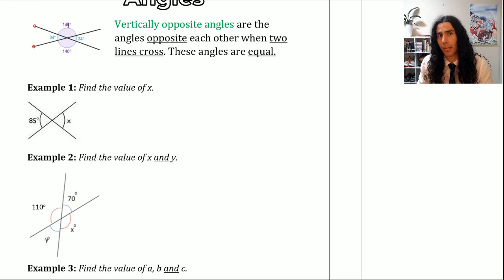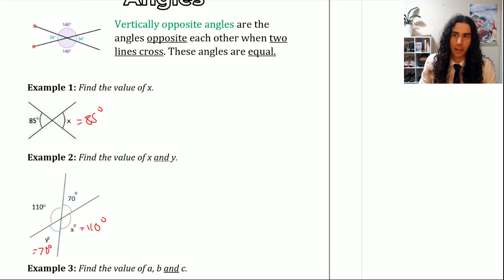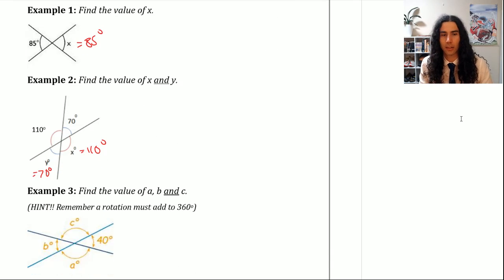They're equal. 146, 146, they're equal. So when lines cross over, top and bottom are equal, left and right are equal. So it's this one, x is 85, done. Over here, x is 110, y, 70, right? We don't need to calculate, no adding, no subtracting, even without a calculator.